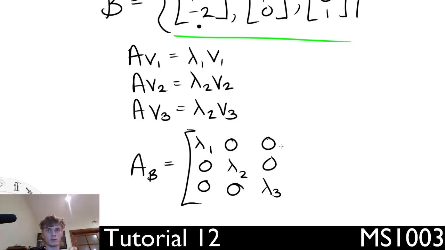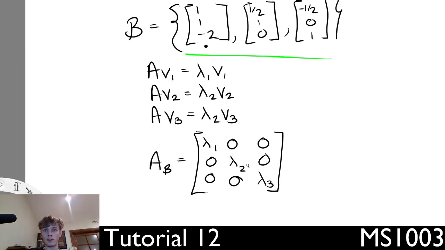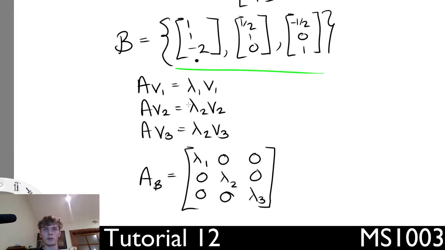Okay? Hopefully this makes sense. Because if these are the basis vectors, v1, v2, and v3, A is defined by what it does to those basis vectors. And all it does to those basis vectors is multiply them each by an eigenvalue.